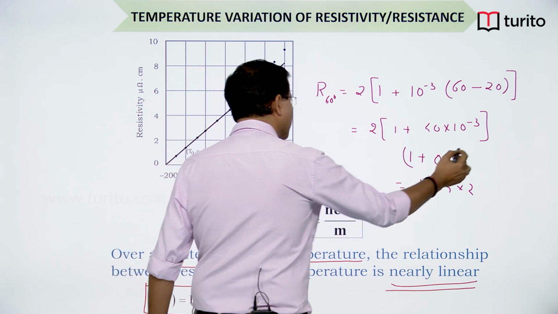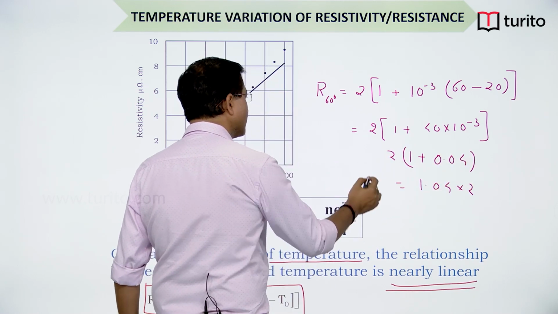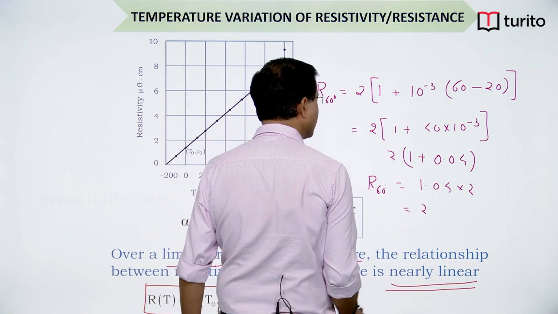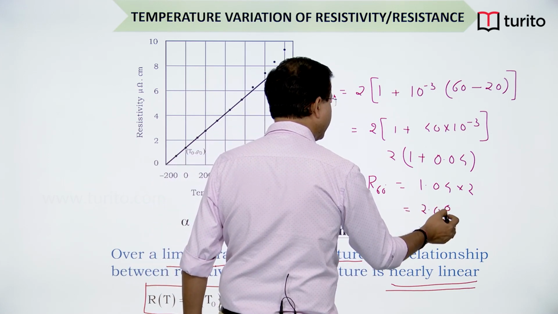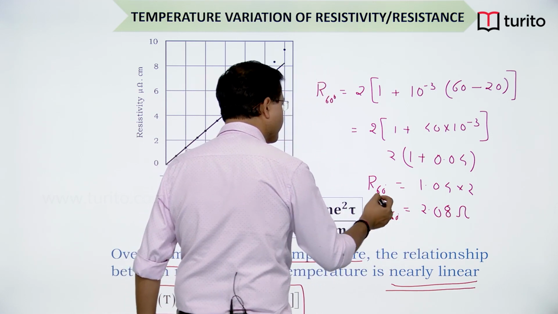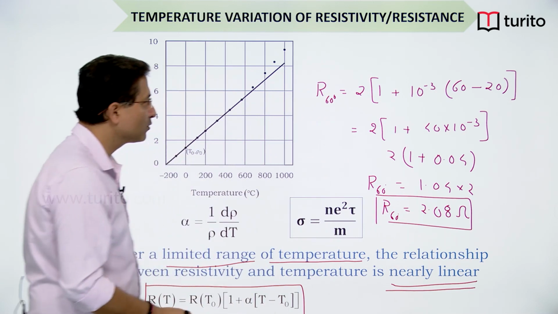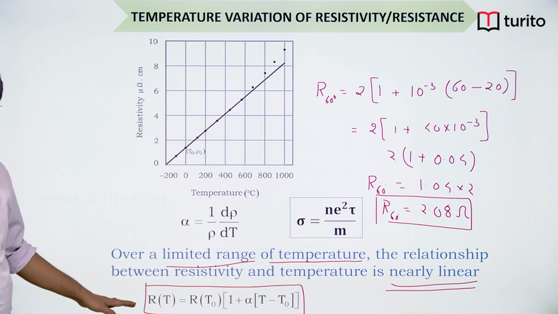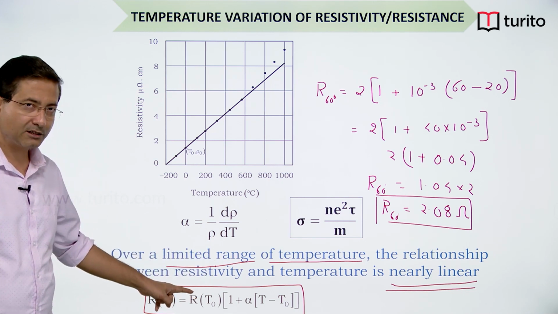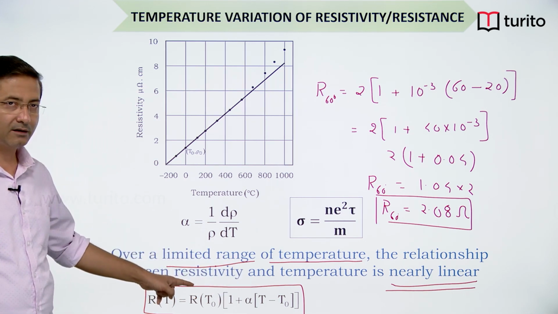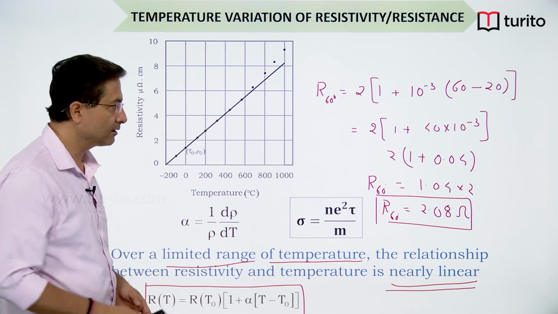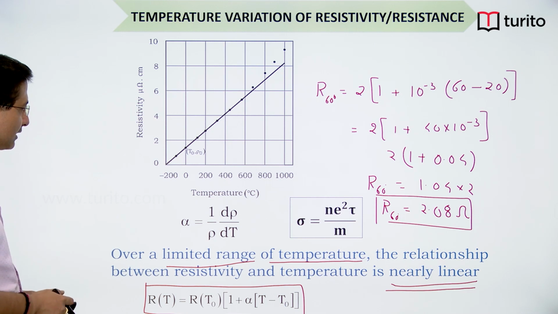Okay. So, resistance at 60 degree centigrade is given by this, 2.08 ohm. So, this is the way I can use this formula. Resistance at the reference temperature will be given, and you can find out resistance at other temperatures, right.